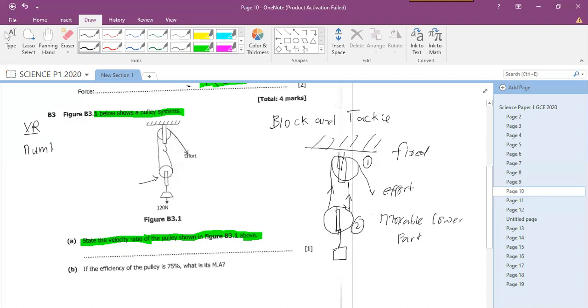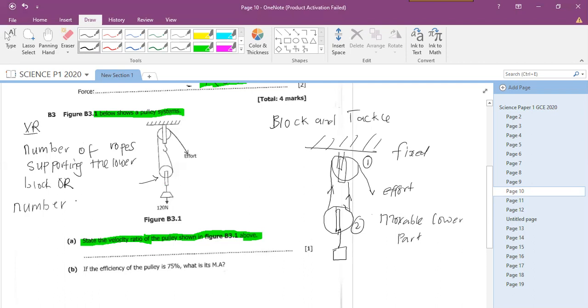You can just say velocity ratio is the number of ropes supporting the lower block, or the number of pulleys, whichever one is easier.